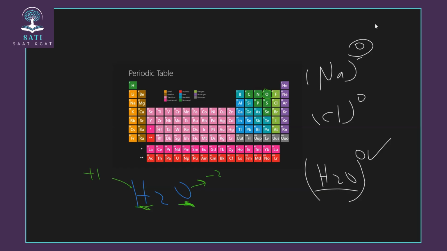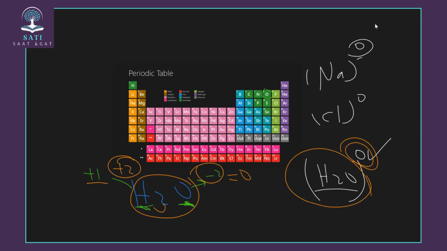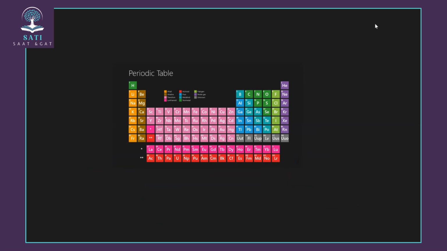Now if you add +1 times 2, it's +2, and if you add +2 plus -2, it's 0, because it's the total power of the compound. And you'll have many examples to practice this idea. So oxidation number of oxygen is -2, and hydrogen +1. If you multiply by 2 and add the oxidation numbers for the whole compound, you're going to find 0.